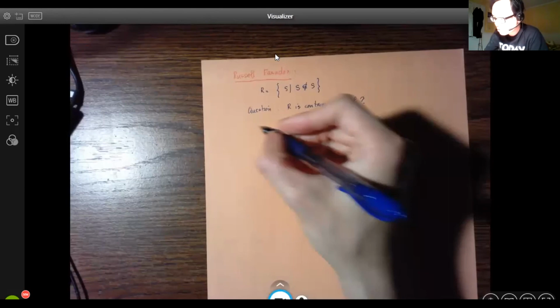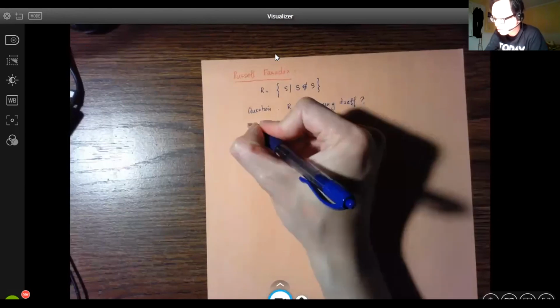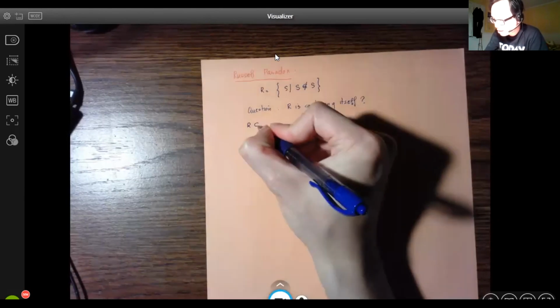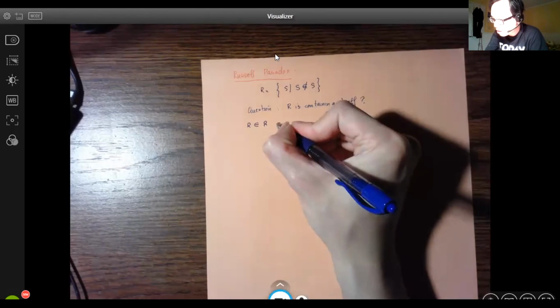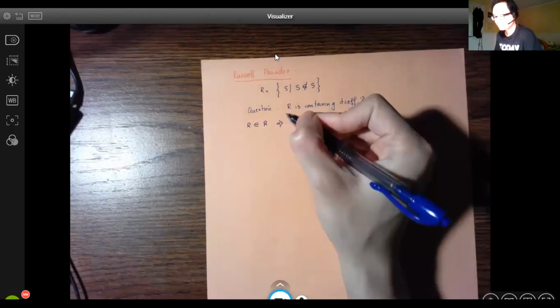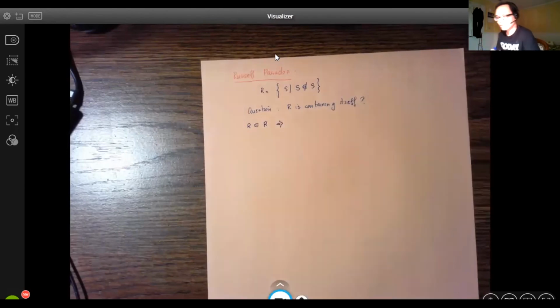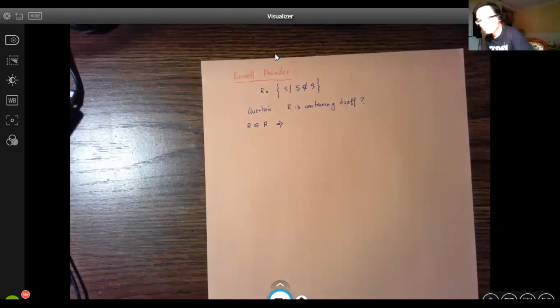If the Russell set contains itself, if R is contained in R, what is happening?